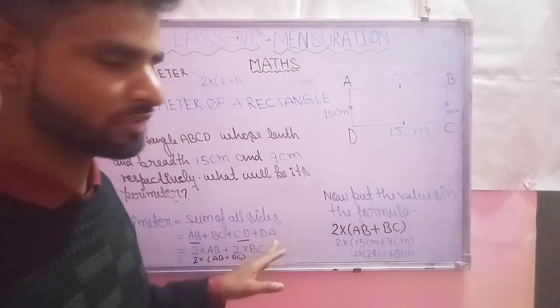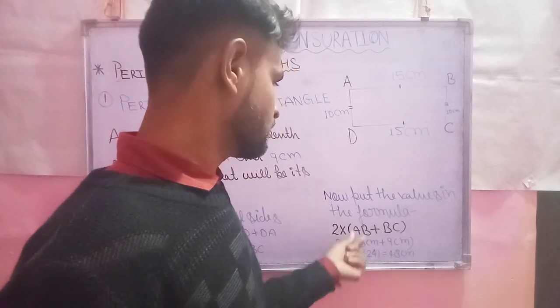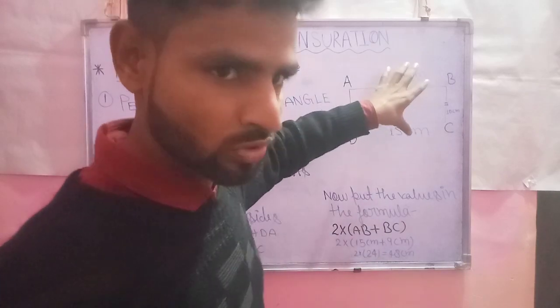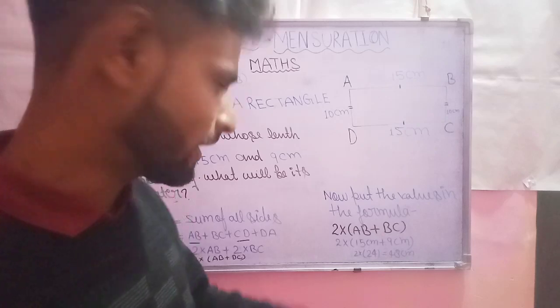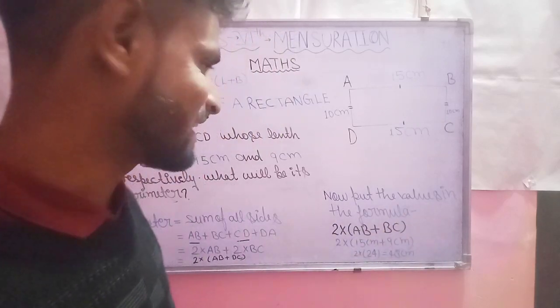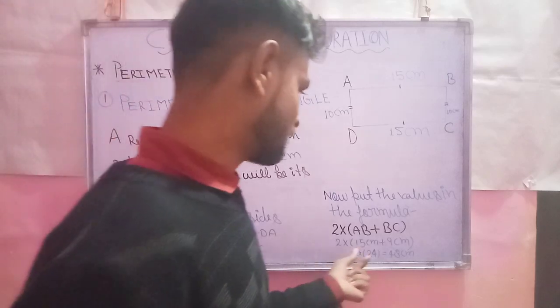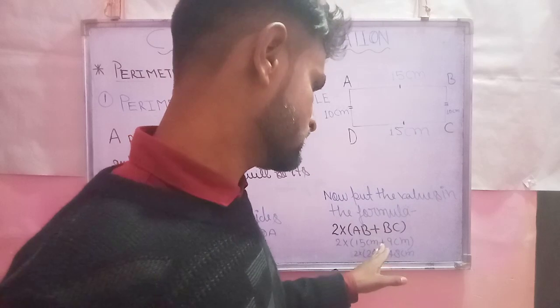The 2 is written because we are talking about the two equal sides, and the common 2 is taken out of the bracket, and AB and BC are inside the bracket.